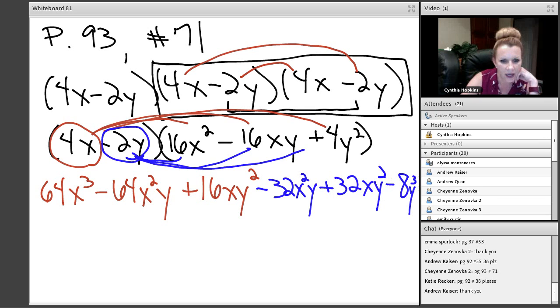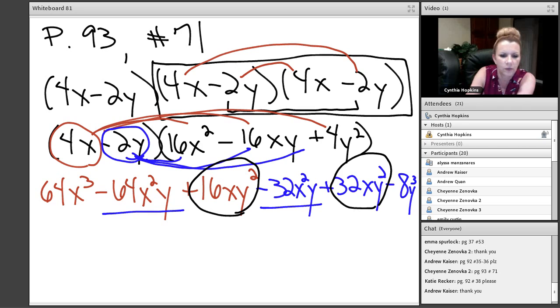Okay, I have 6 terms. Let's see if any of them are like terms. I have an x squared y here and an x squared y there. And then I have an xy squared here and an xy squared there. So now I'm ready to add my like terms. First term, 64x cubed.